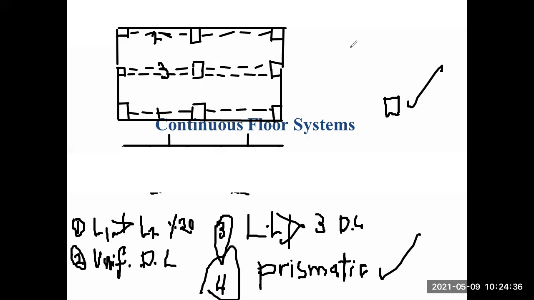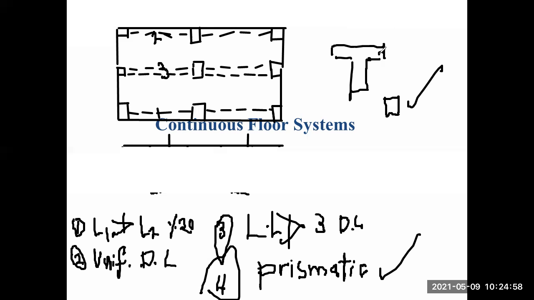So only one T shape. If we take the cross section of this, it has a T shape. We don't know if it acts as a T section or a rectangular one. Okay, it would have something like this shape. Of course, it's continuous with the slab. The slab is continuous up to this end and up to this end.